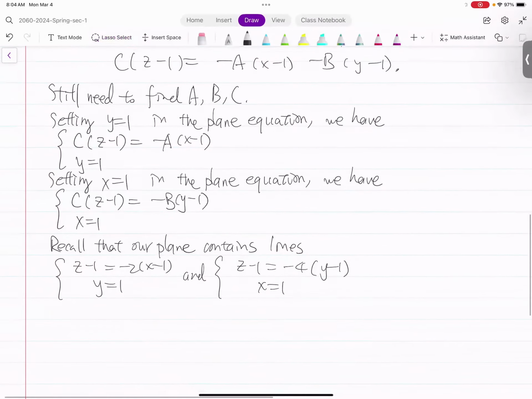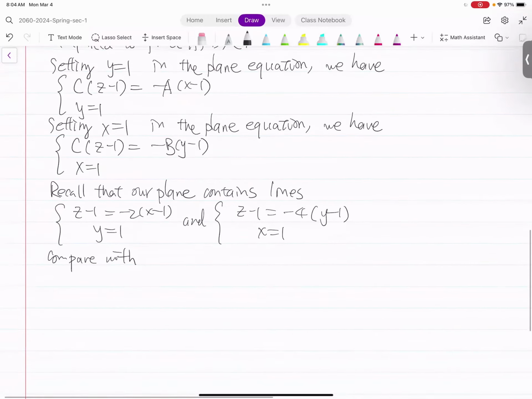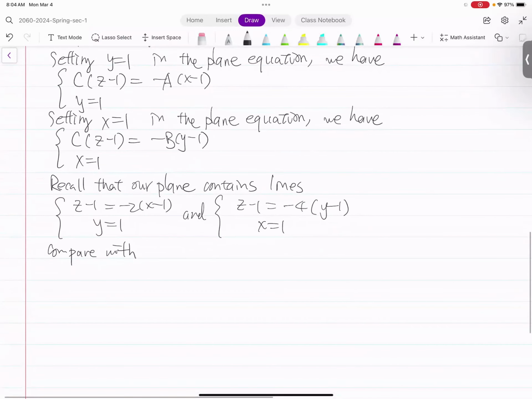And also we can compare with the things that we want.